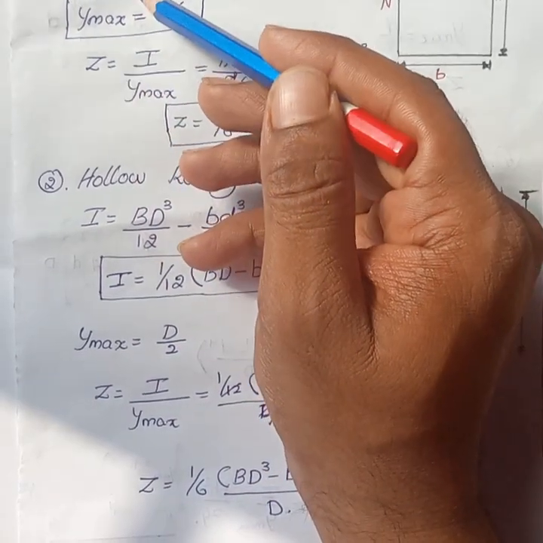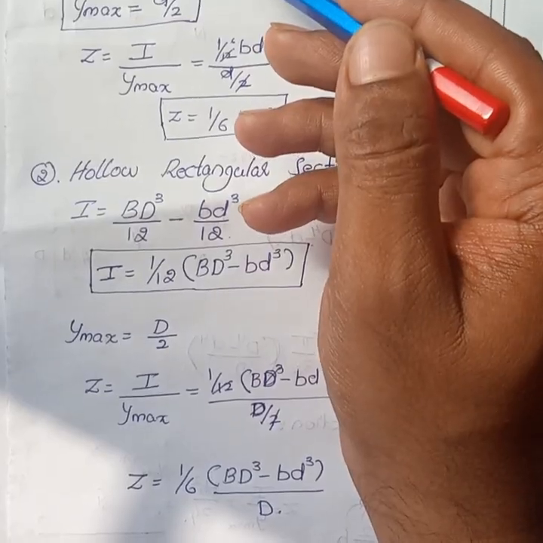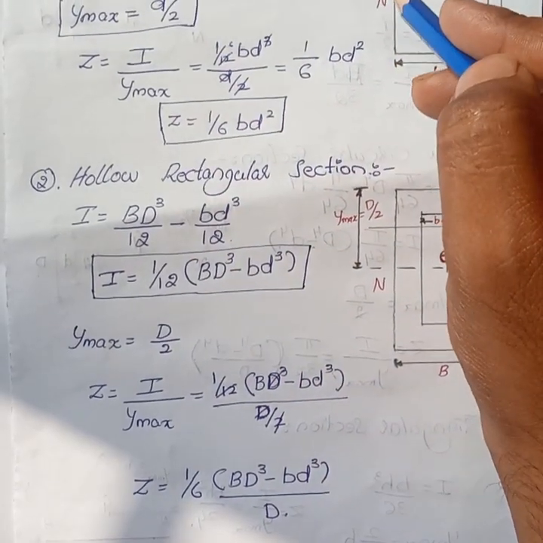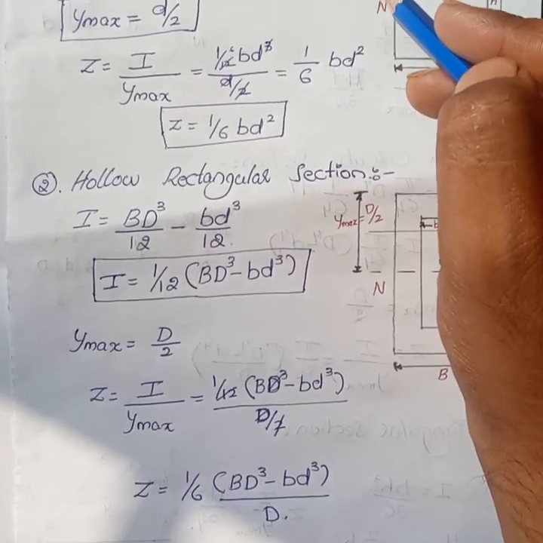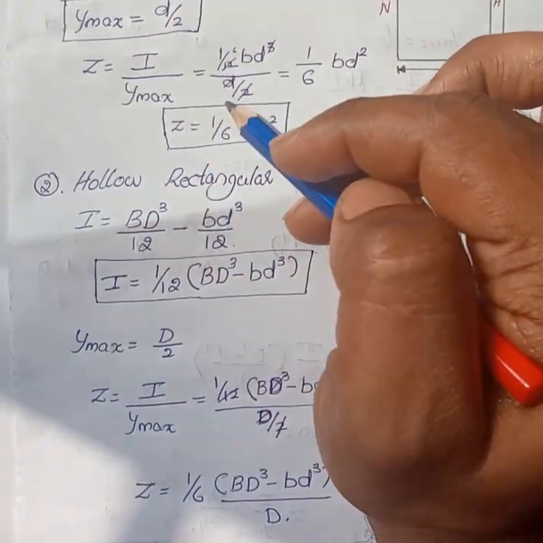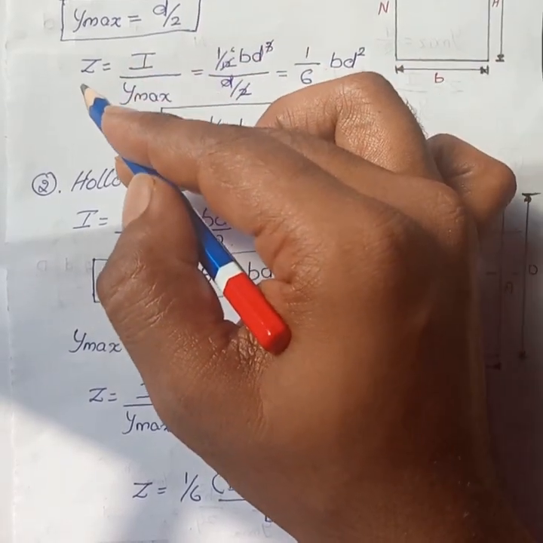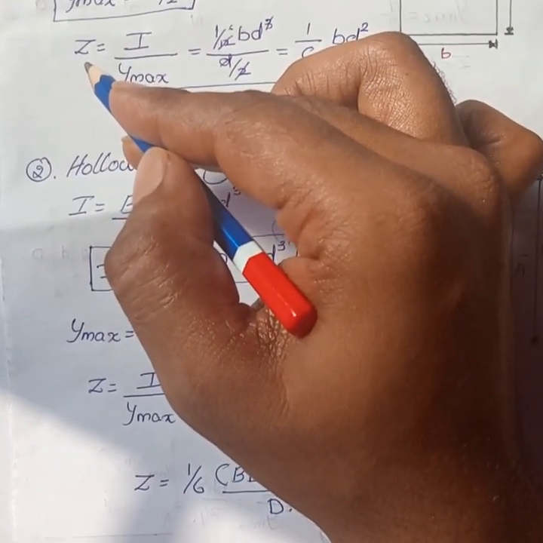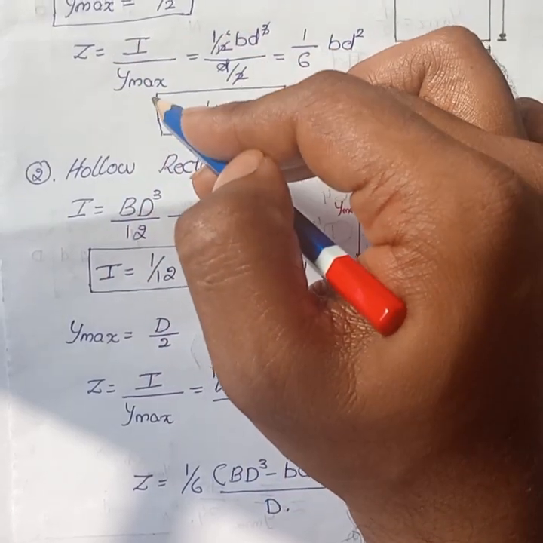and similarly Y max means half of the portion, centroid of the rectangle. So Y max equals to D by 2. And then Z means modulus of section. Modulus of section equals to I by Y max.